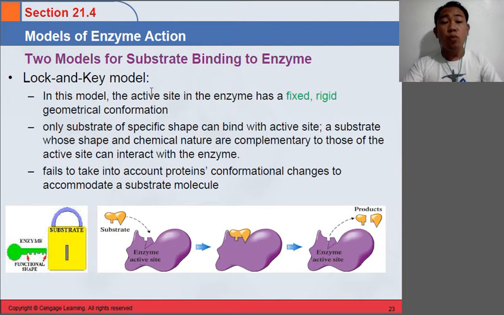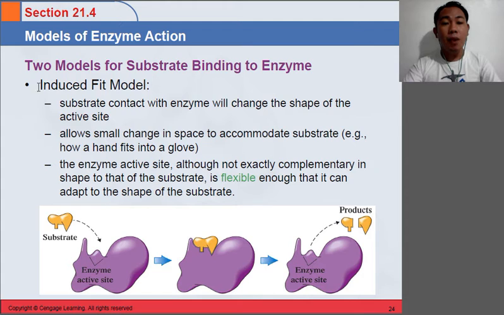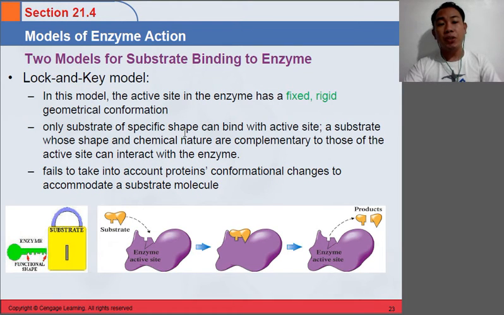Now we have two models for substrate binding to enzyme. One is the lock and key model and one is the induced fit model. Let us discuss first the lock and key model. In this model, the reaction site in the enzyme has a fixed, rigid, and geometrical formation.